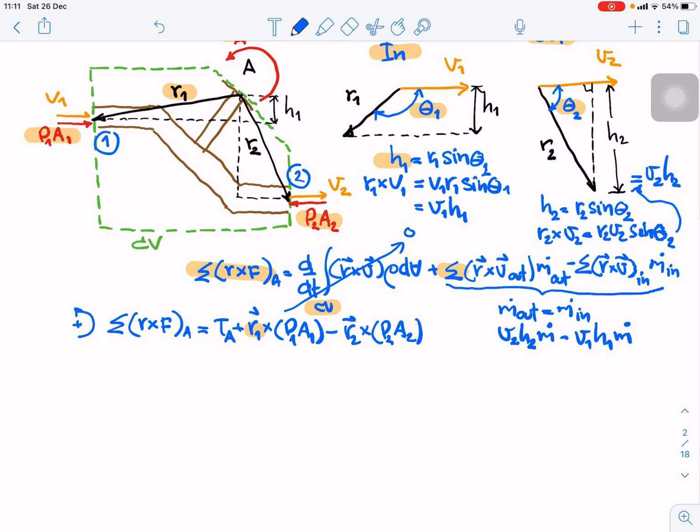Next, for R1 cross P1A1 we get sine theta.